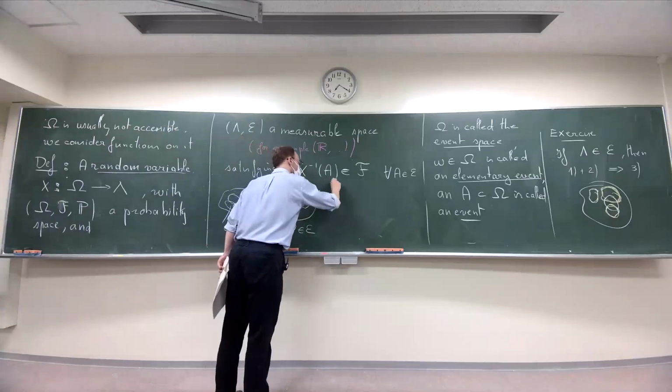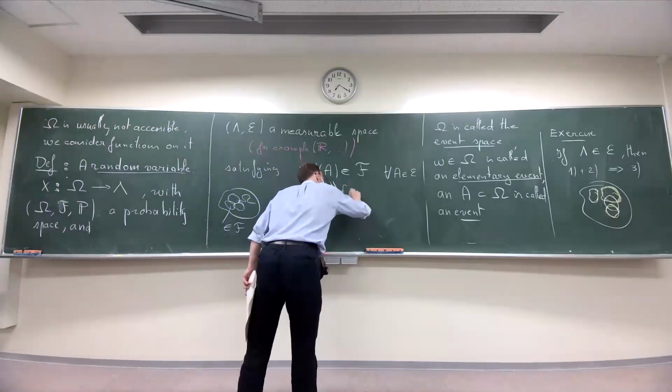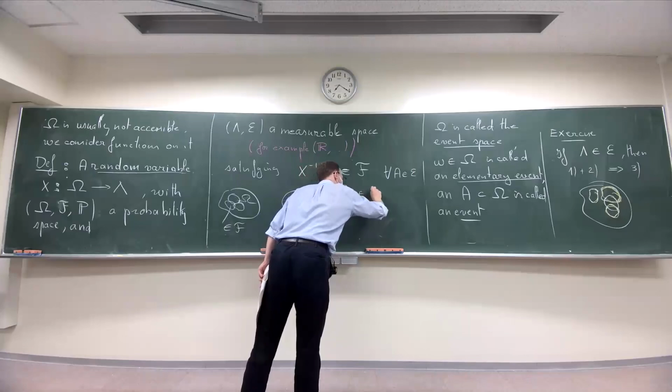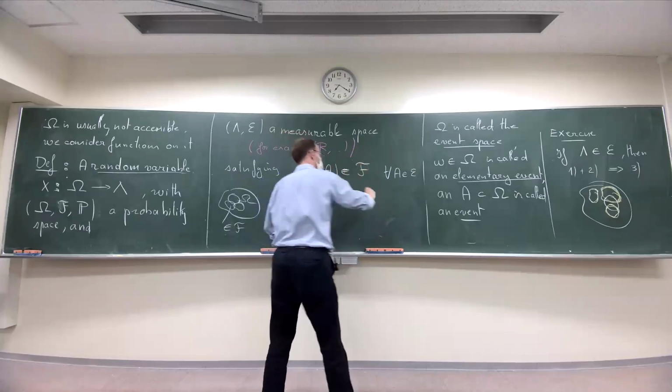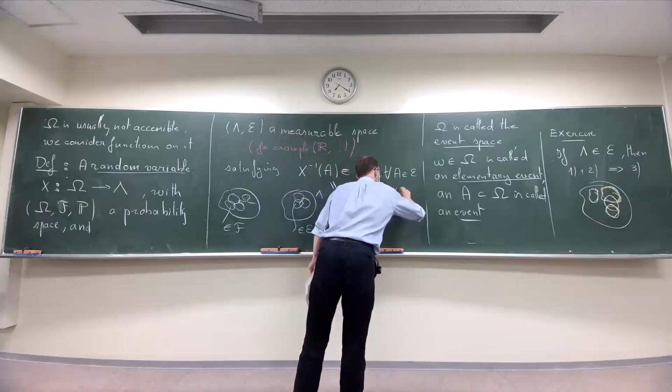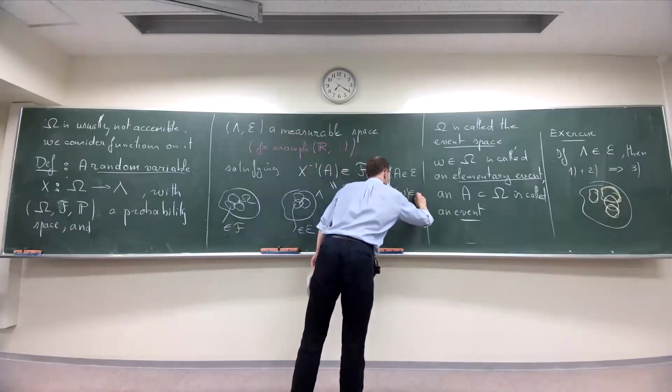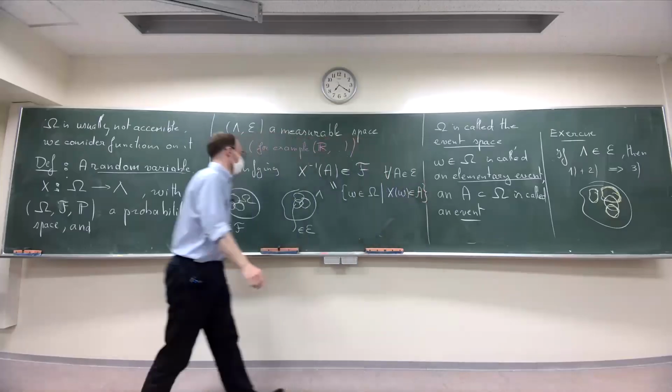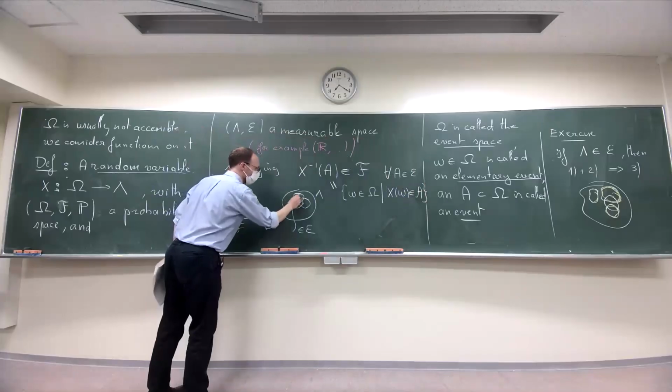This notation is the set of small omega belonging to capital omega such that X of omega is inside A. Take an A here.